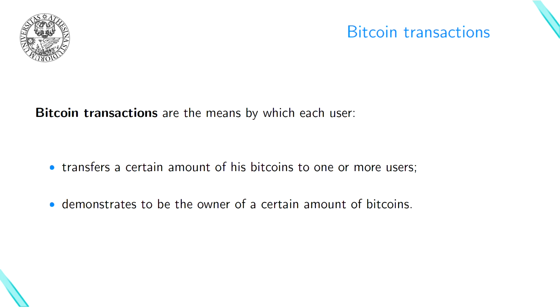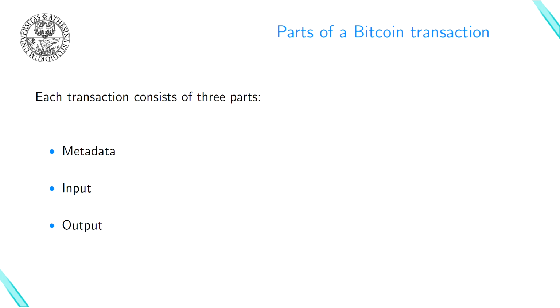And also, with a transaction, a user can prove to be the owner of a certain amount of Bitcoins. In more detail, each transaction consists of three parts: metadata, input and output. We are going to examine each of them in detail.